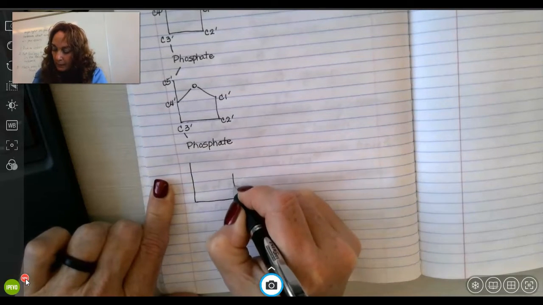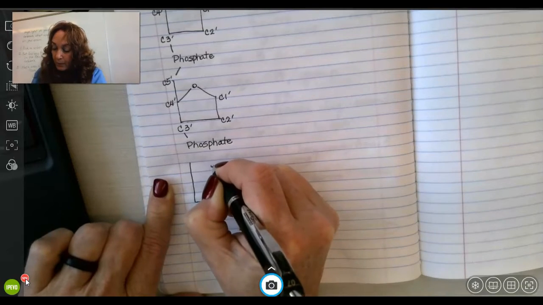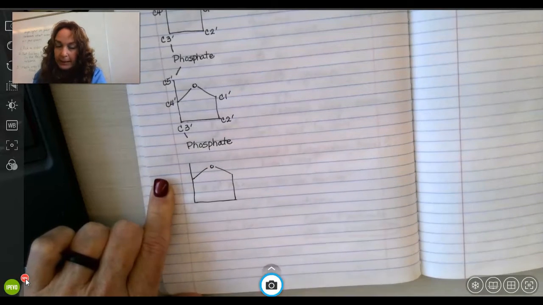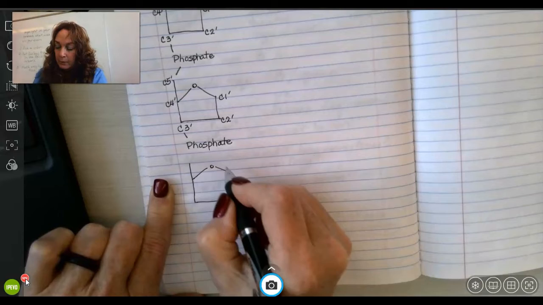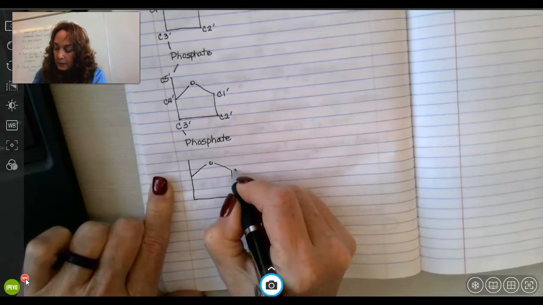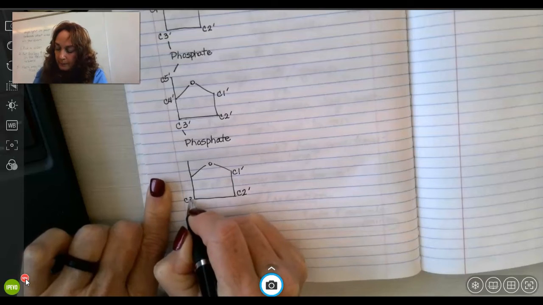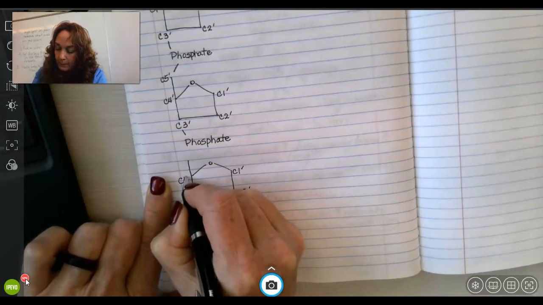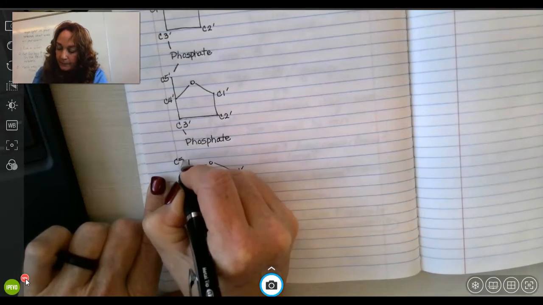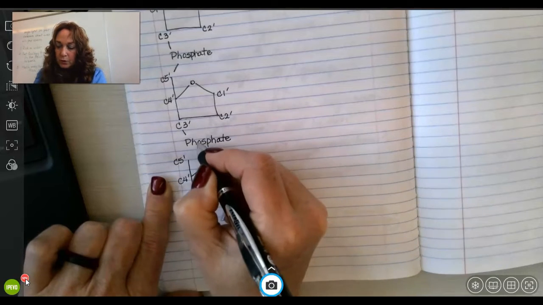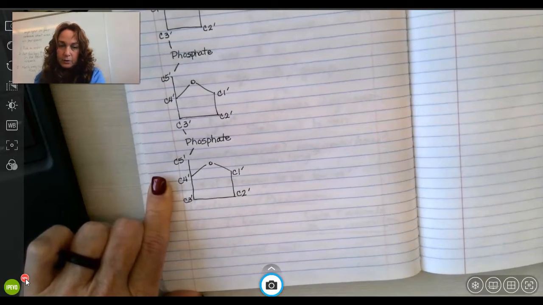Just repeating, love repeating patterns. They're all in nature. I love them. I'm going to rename all of my carbons: 1', 2', 3', 4', 5'. So the phosphate is bound to the 5' of the one below it.